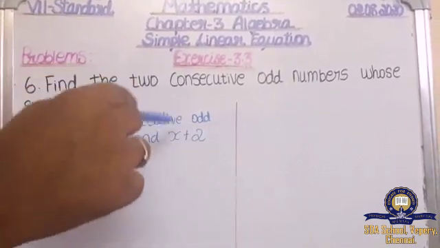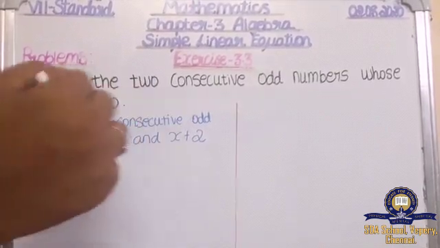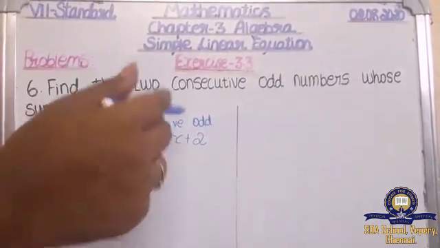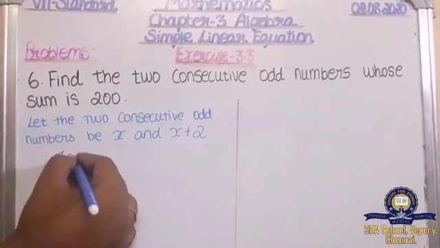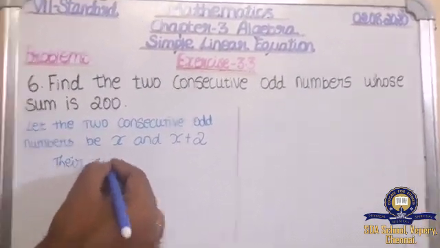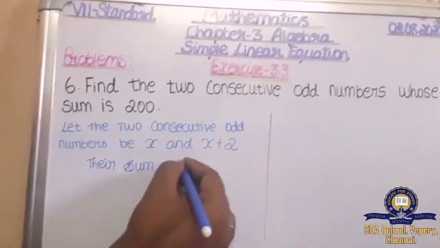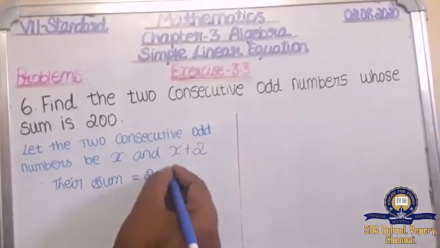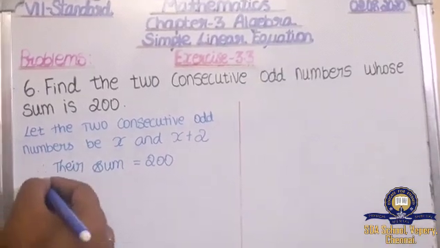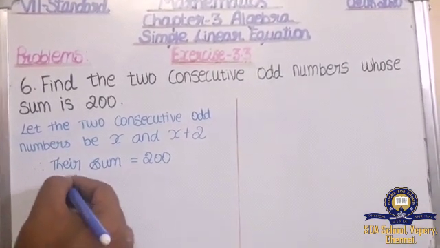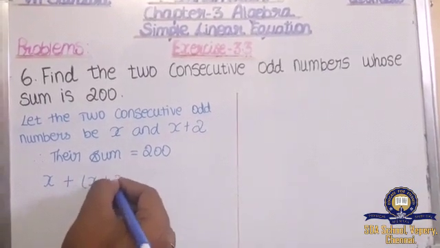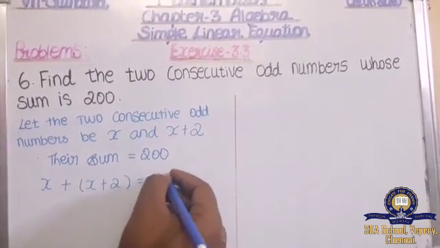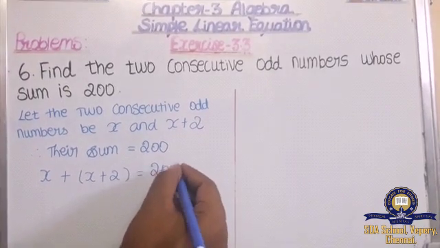So here we add x plus 2. So two consecutive odd numbers are x and x plus 2, and their sum will be equal to 200. Now we write it in the form x plus x plus 2 is equal to 200.